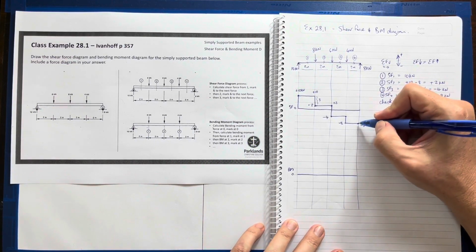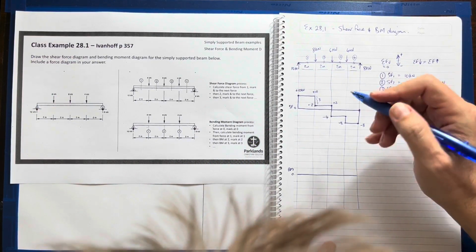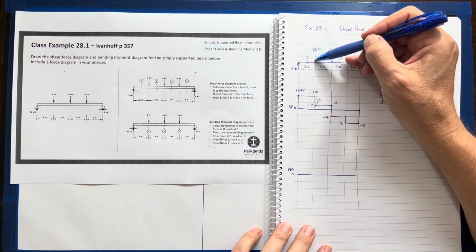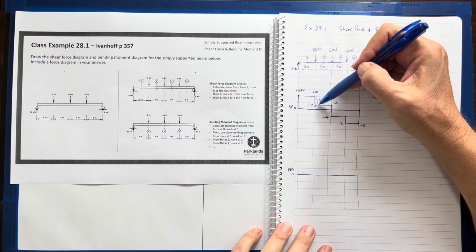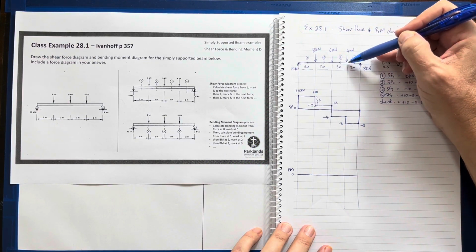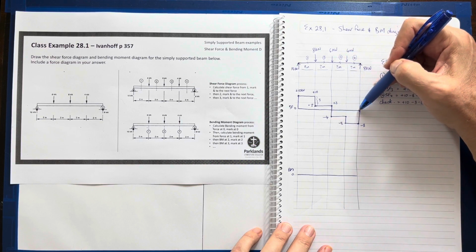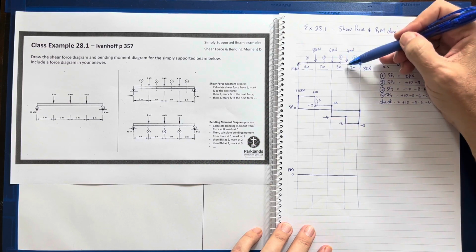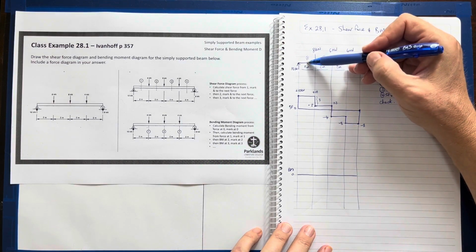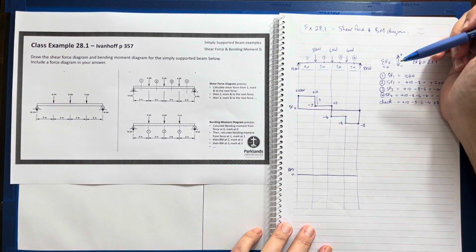And my shear force diagram, these are the shear forces that will be experienced along that span. There'll be 10, there'll be 2 between there and there, there'll be a minus 4 in the opposite direction, and then minus 8 across there and there. My maximum shear force being in the beginning part, which is going to be 10.